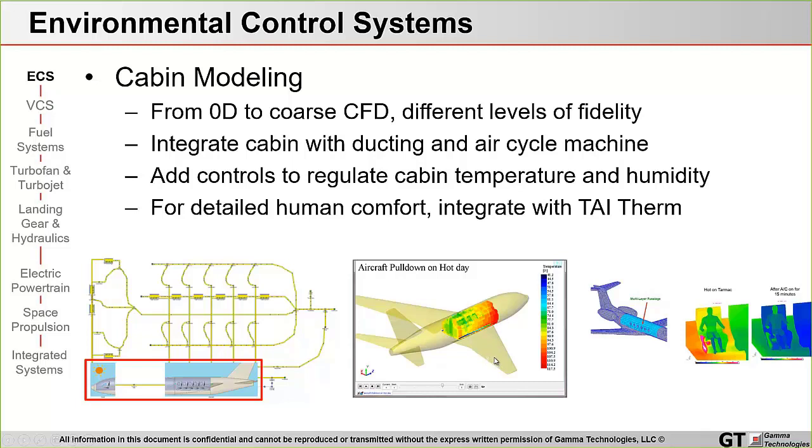Or you can also, for more detailed thermal analysis, integrate with TAITherm simulation for looking at things like detailed human mannequin modeling, where you can see, for example, what the temperature is of a certain part of someone's body at a given time or condition inside an aircraft.